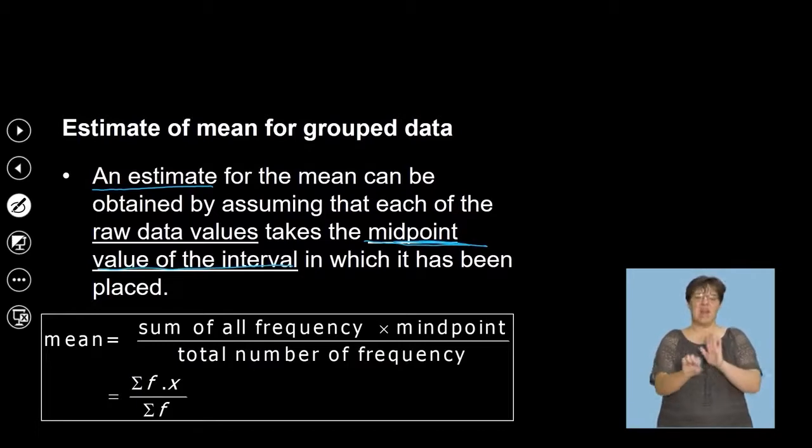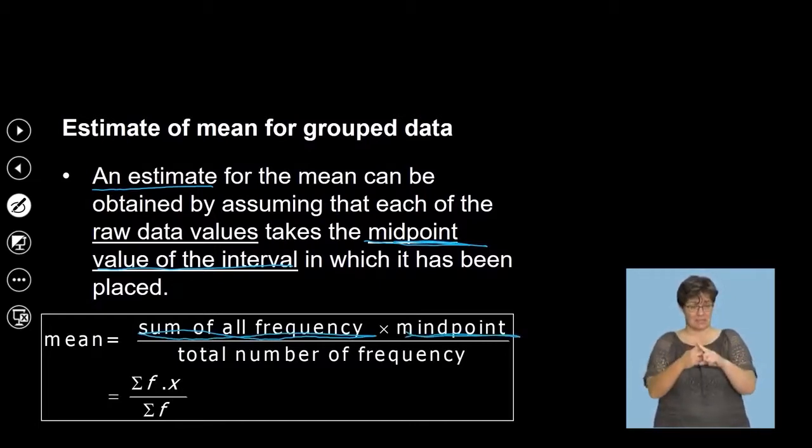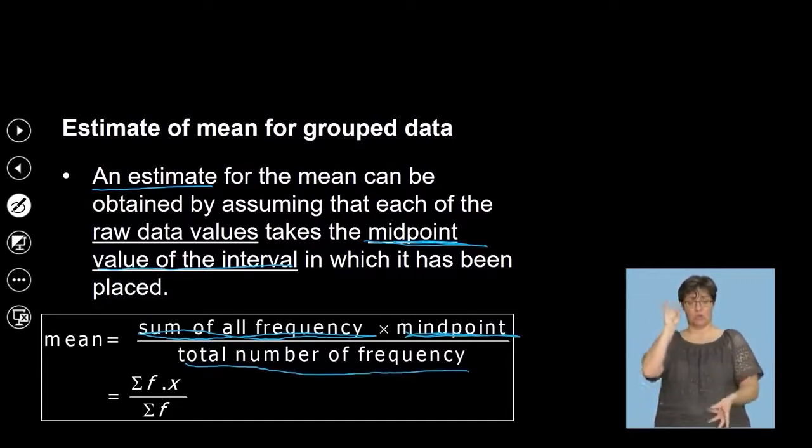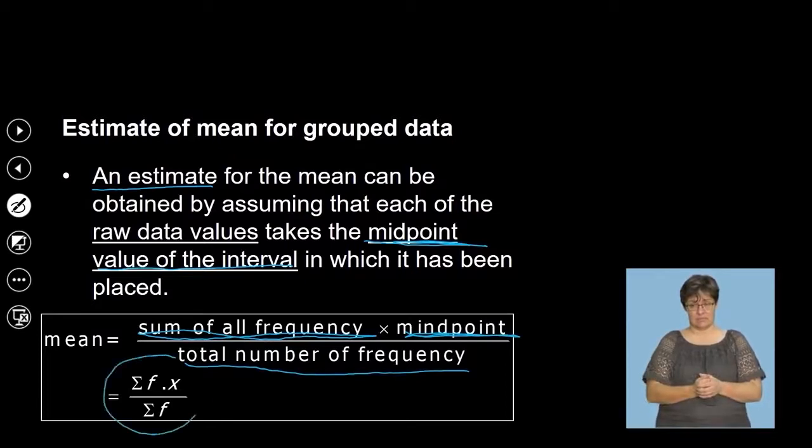For example, to calculate the mean, it will be the sum of all frequency, are we all together, multiplied by the midpoint, over the total number of frequency, which is mathematically fx over f. X is the midpoint, f is the frequency, and this is over the total frequency.